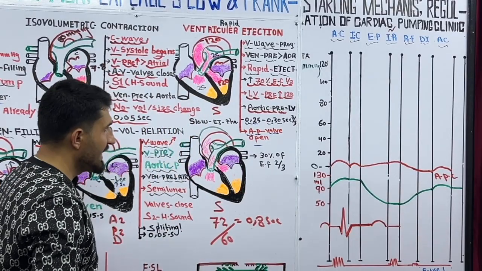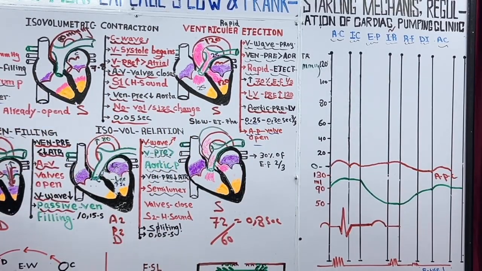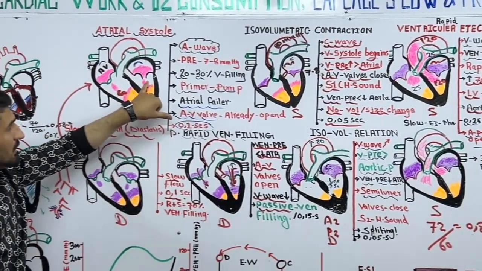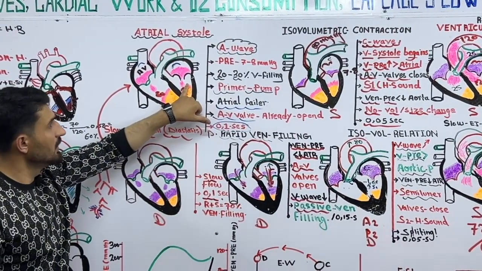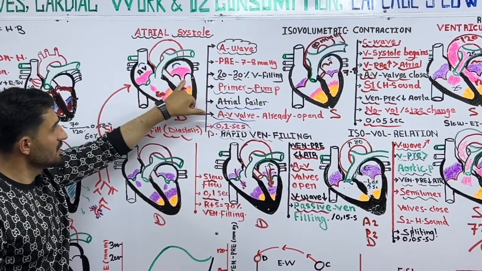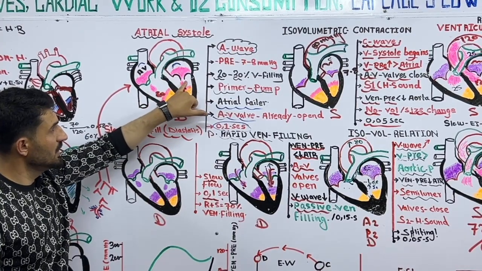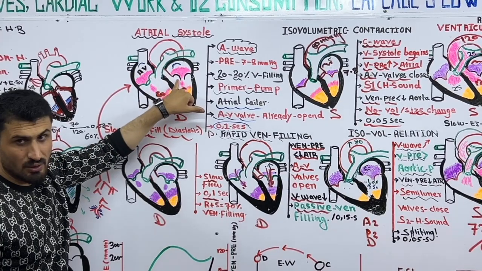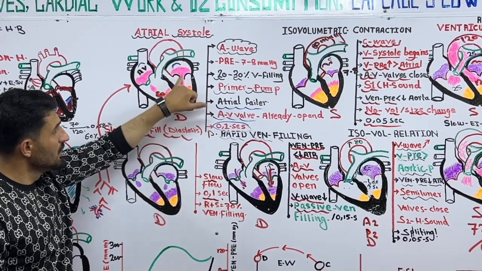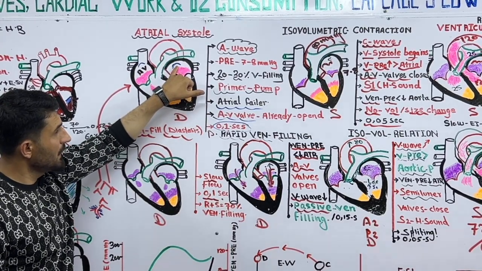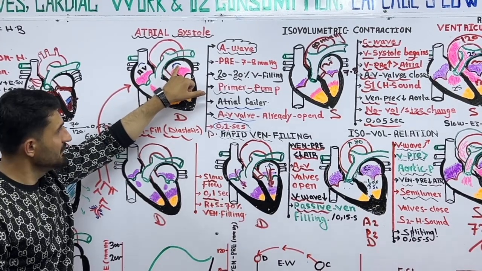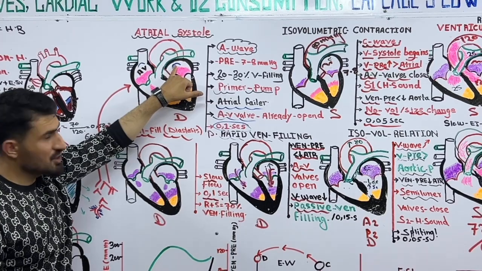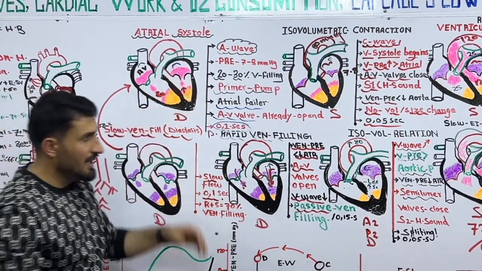Got it? Now about the ventricles. Here in the ventricle, the pressure is equal to the pressure of the atria because there is a direct connection between atria and ventricles, in the right side and also in the left side. So in the left side, beside the A wave, the ventricle produces a pressure curve which is equal to the A wave.